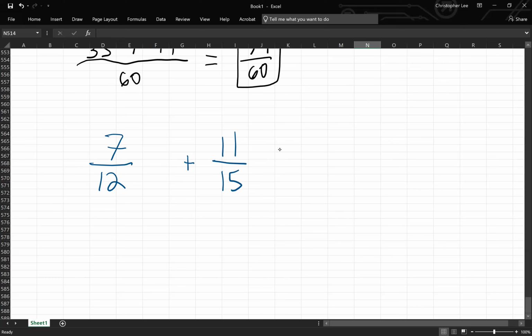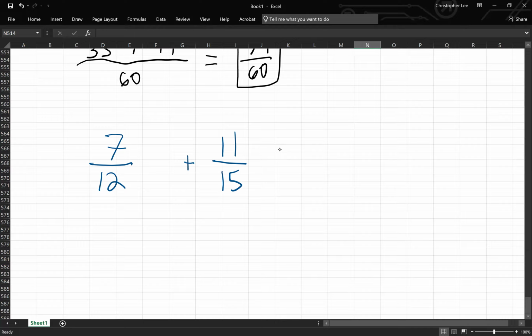I know I want to add these together and get the most simplified answer. But let's say for some reason I don't know how to do this LCD thing. I'm on my test, I want to get the right answer, but I don't know how to do the LCD.